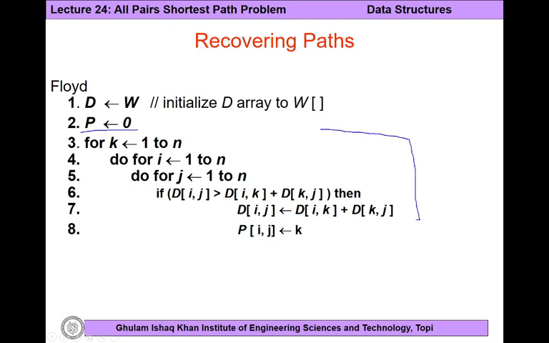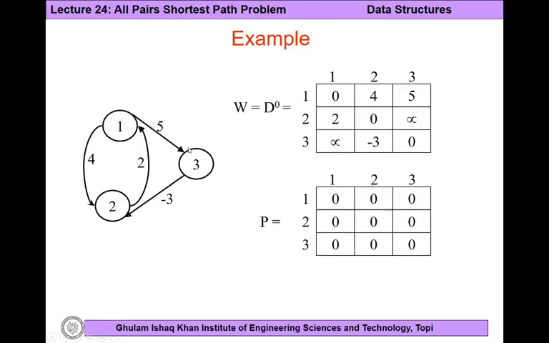The rest of the code remains the same, only this last line gets added: in case we are updating distance i and j, then in the path matrix we keep track of the k as well in the same cell. That enables us to keep track of the path as well. Now let us dry run this concept on this particular example.